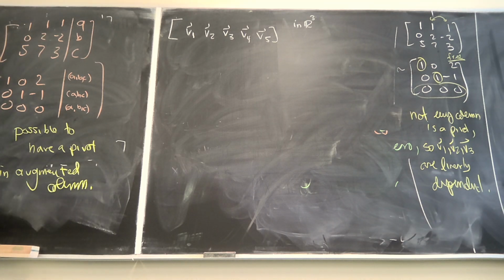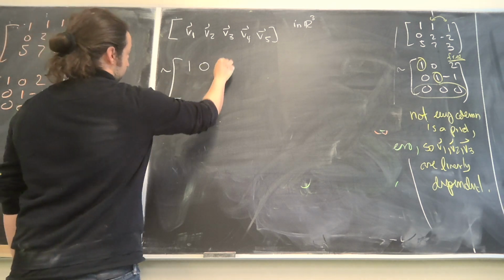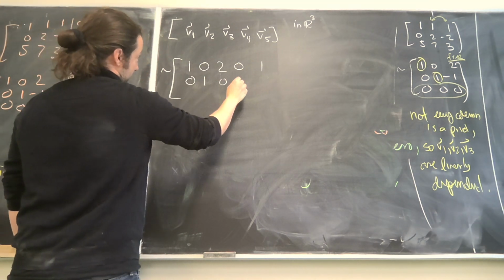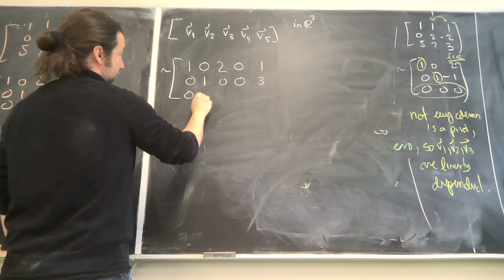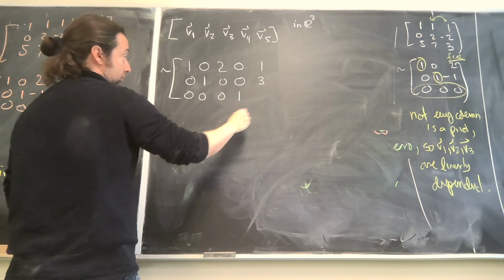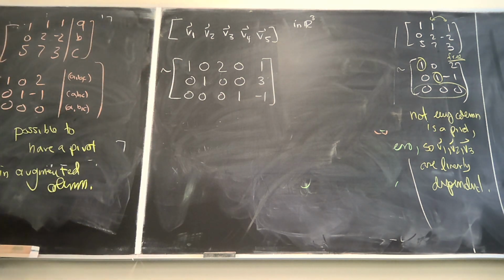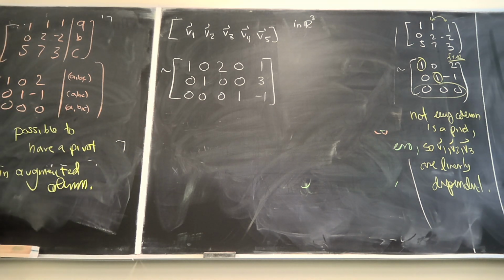And I tell you that this matrix row reduces to this one. Okay, so that set of original vectors is row equivalent to that matrix right there.